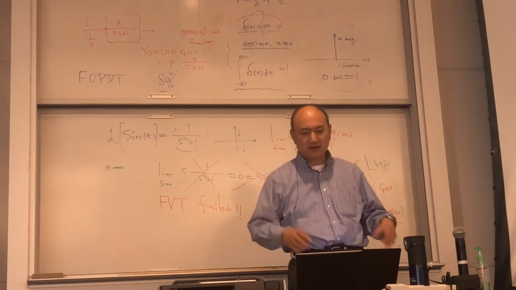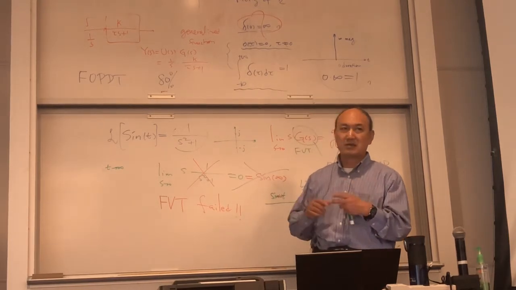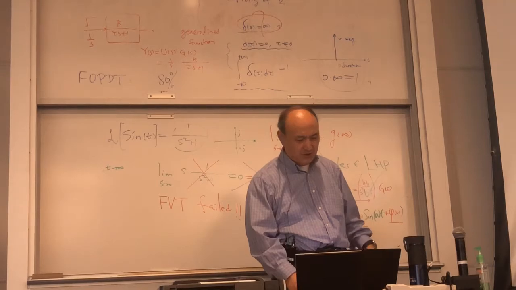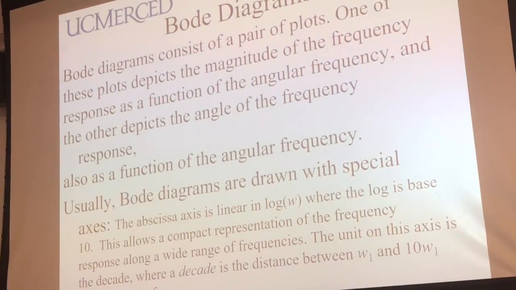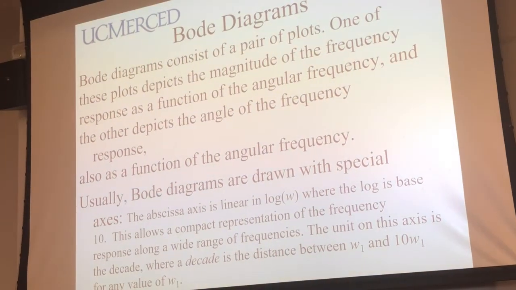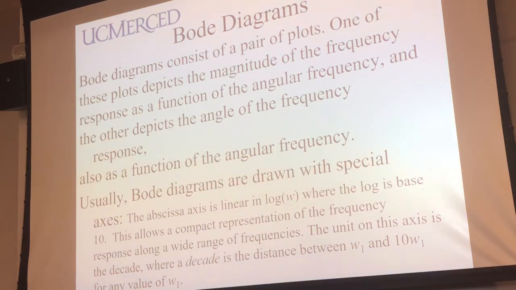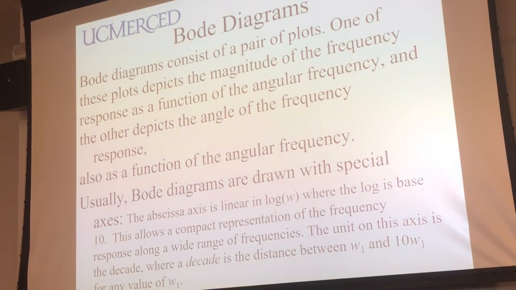So I said frequency response, but you have probably heard about something called the Bode diagram. In a Bode diagram you actually have two plots. One is for the magnitude, and one is for the phase. Usually the x-axis, the frequency variable, uses a log 10 base.